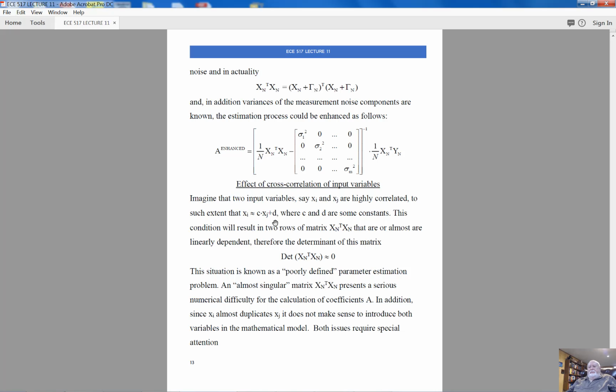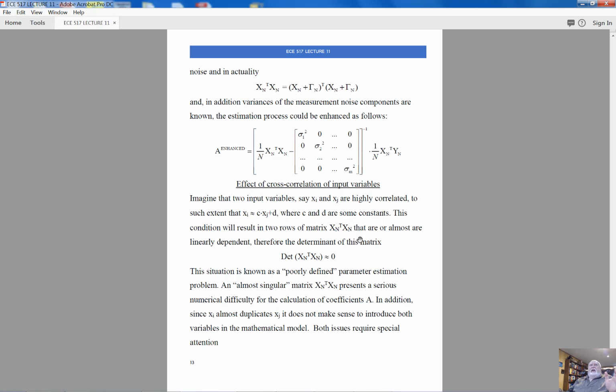Very clear bias in monitoring variables of the control plant. What if this happens? If something like this will be happening, two rows of matrix xn transposed xn will be quite similar. They will not be linearly independent any longer.